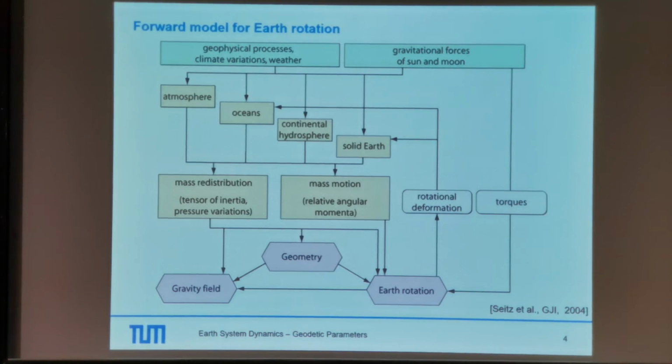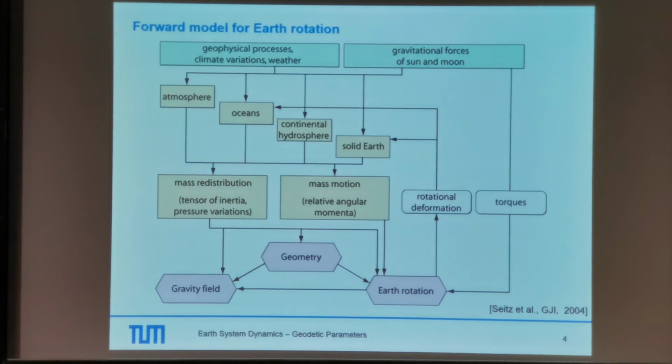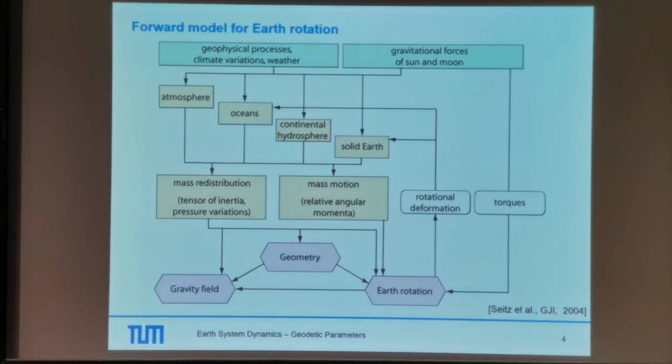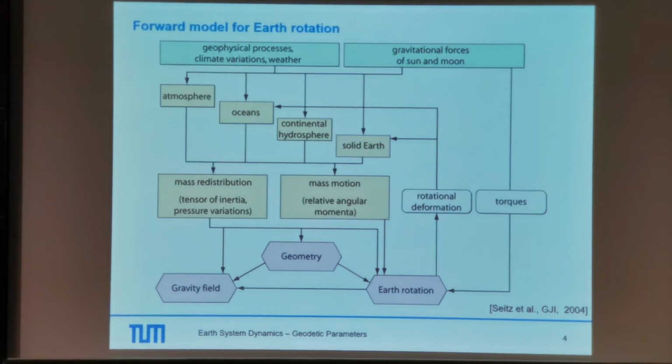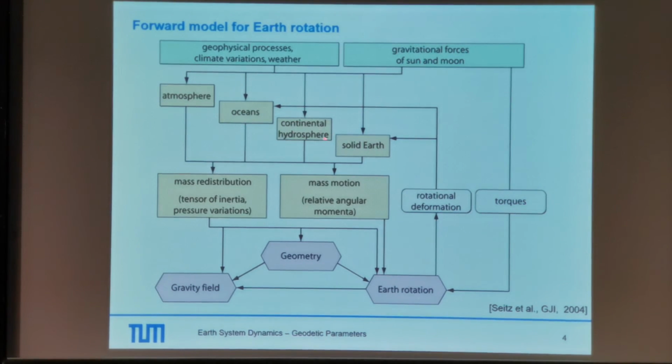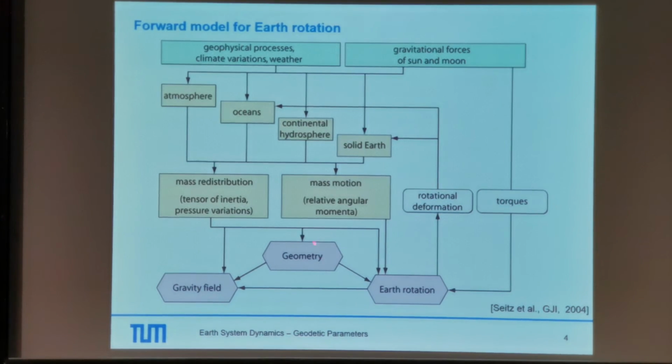And what he tried to model is, on the one hand side, geophysical processes like climate variations or weather phenomena, which are causing changes in the atmosphere, the ocean, the continental hydrosphere, or also the solid Earth. And these four subcomponents of the Earth system, so here we only account for atmosphere, ocean, hydrosphere, and solid Earth. For example, cryosphere is neglected in this case.